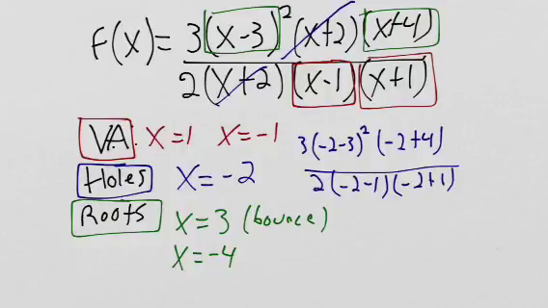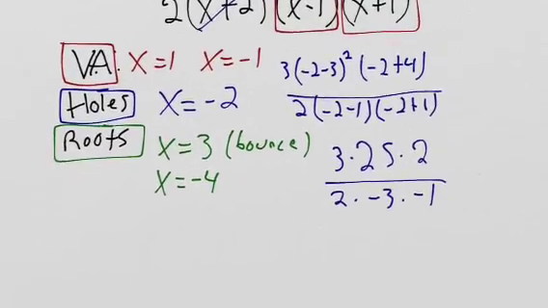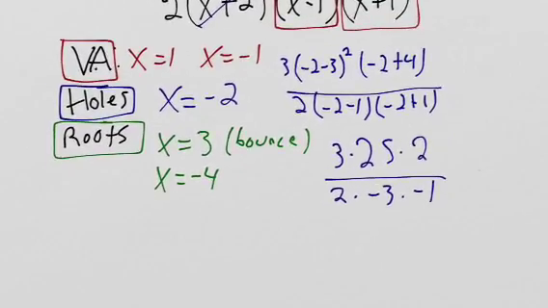Okay, so then that is going to give us 3 times negative 2 minus 3 is negative 5, so that squared is 25 times 2, and then over 2 times negative 3 times negative 1, which gives us 75, 150 on top over negative 6, which simplifies as negative 25.